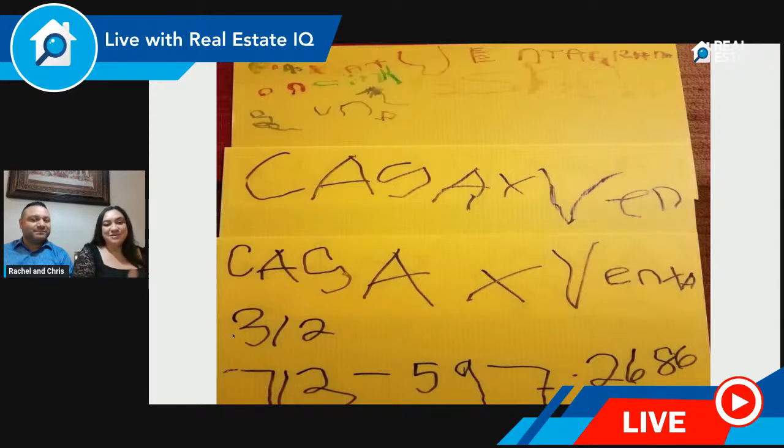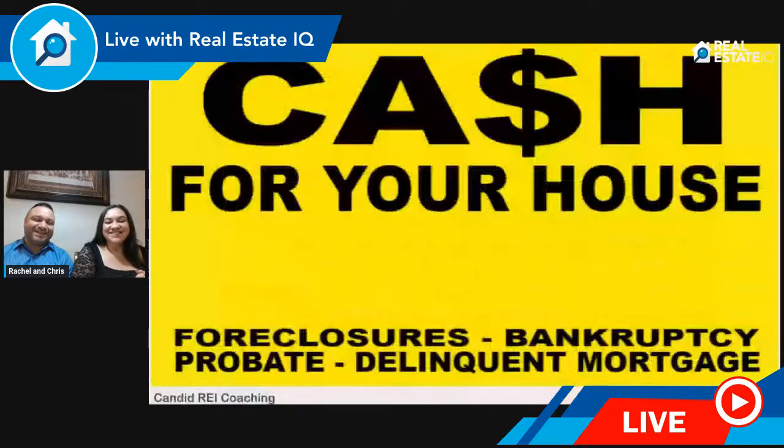So if you don't know Spanish, it says casa por venta, house for sale. And it was a 3-bedroom, 2-bathroom. And then we put up our phone number. But that's our little babies writing it. These are a few examples of some that you could do. Very easy: cash for your house, foreclosures, bankruptcy, probate, delinquent mortgage.